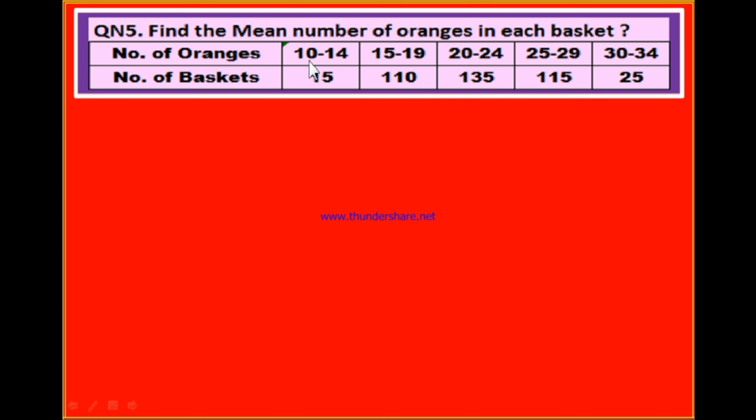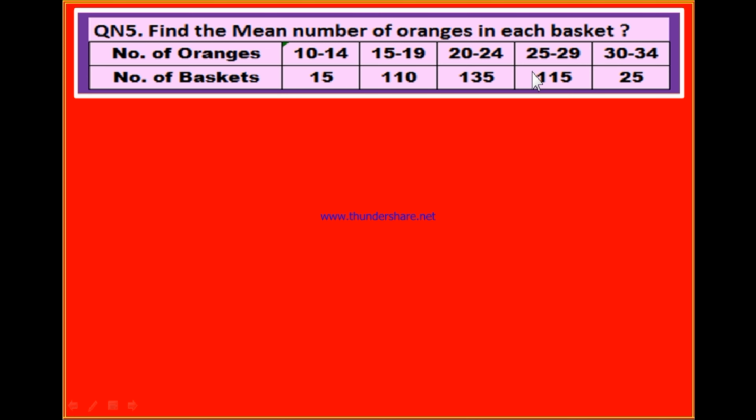You see, the number of baskets containing 10 to 14 oranges is 15. And the number of baskets which contain 15 to 19 oranges in each basket is 110. And the baskets which are containing 20 to 24 oranges is 135.